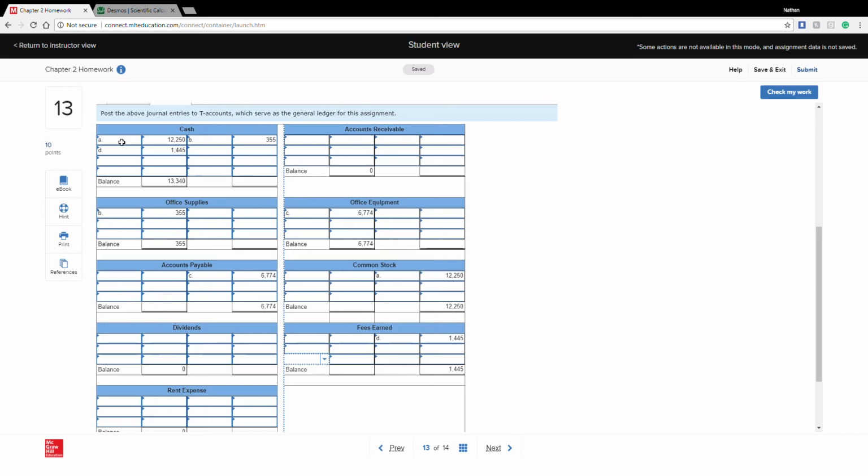As you can see, A, D are right here with the cash. If we have differences, like here with accounts payable, I know that's my E, 6774 also. Notice that it goes down to 0, and that was cash that was drawn out.